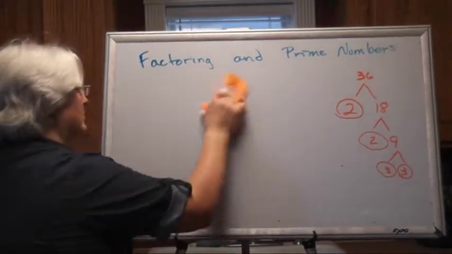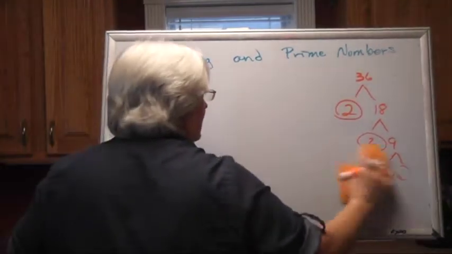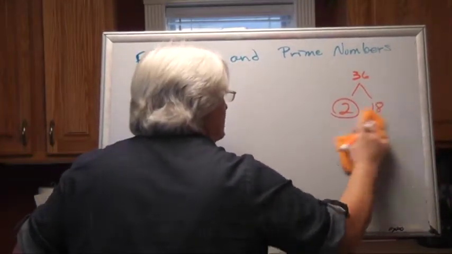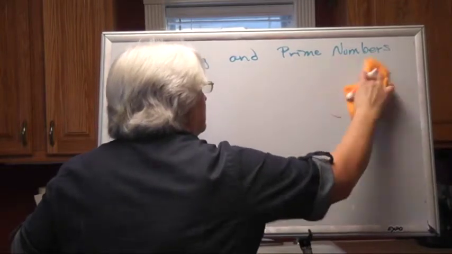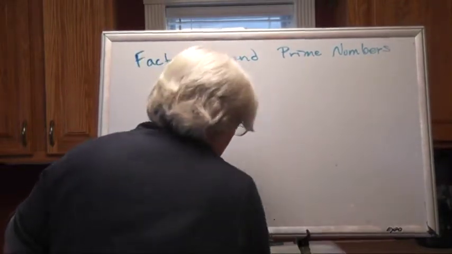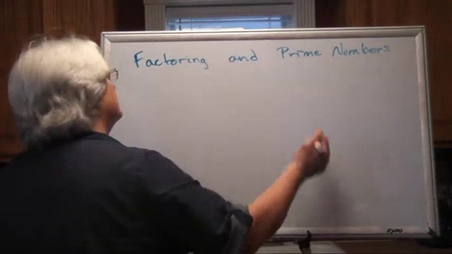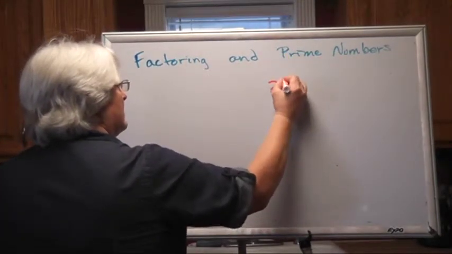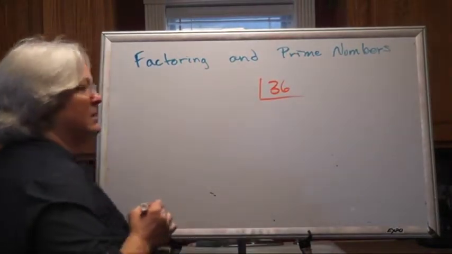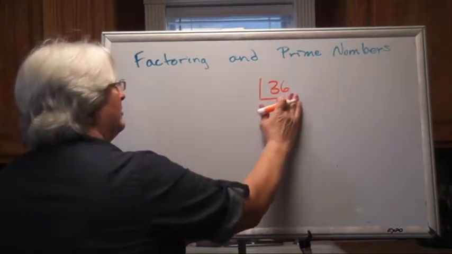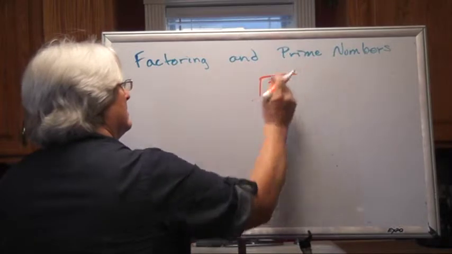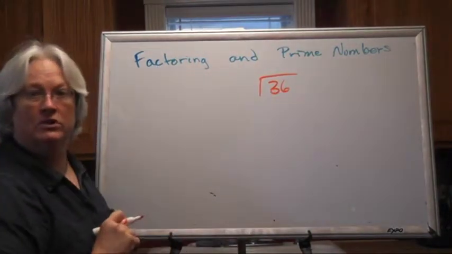Now, this particular method of prime factoring is not the one that I used the most when I was growing up, way back in the dark ages. What I liked to use was what I call upside down division. And I think they might call this a ladder method. But if we were going to divide 36 by something, that's how we do our division, wouldn't it?